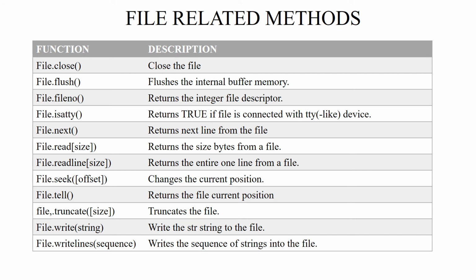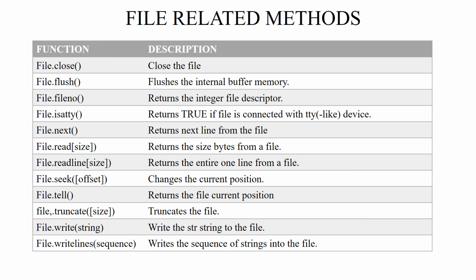Then file.read(size) returns the number of bytes from the file. Then readline(size) reads one entire line from a file. Then readlines() reads until the end of the file and returns a list of the lines read. Then seek() changes the current position.